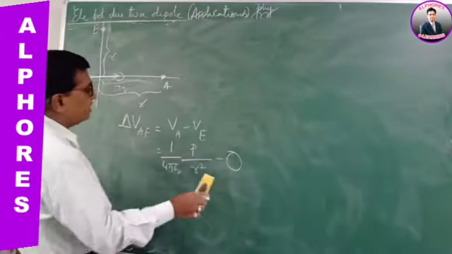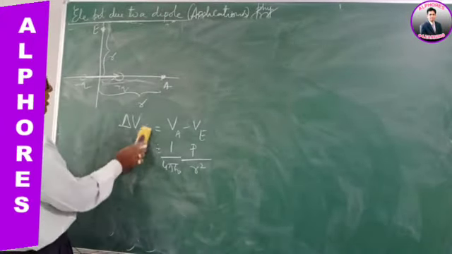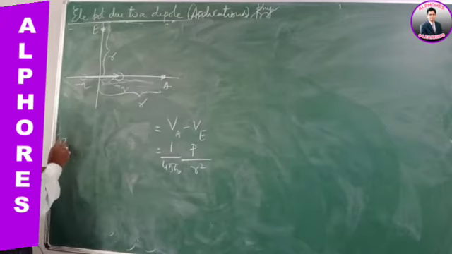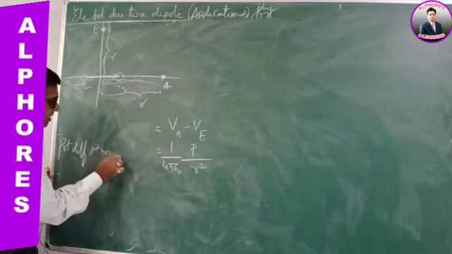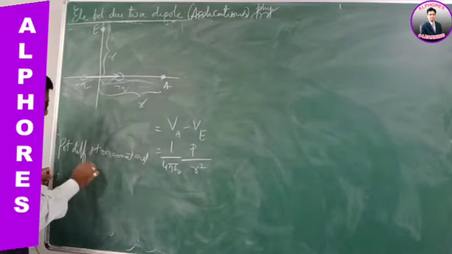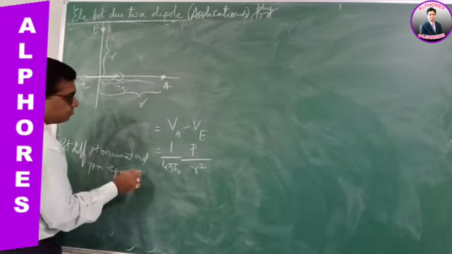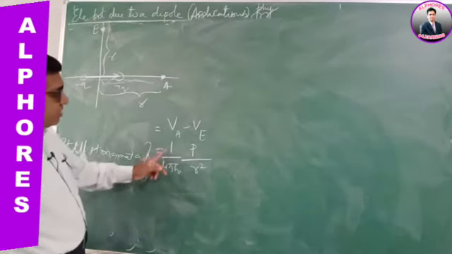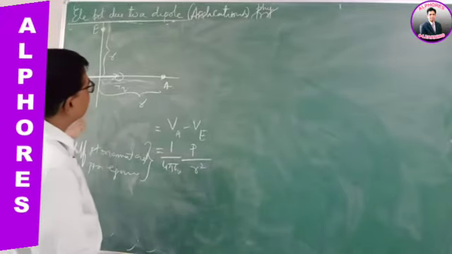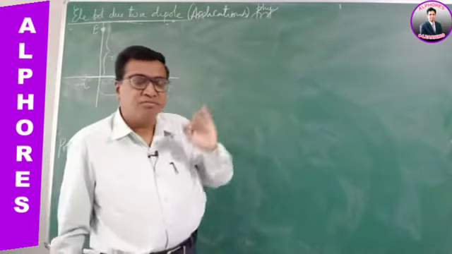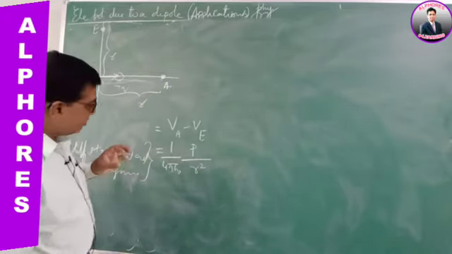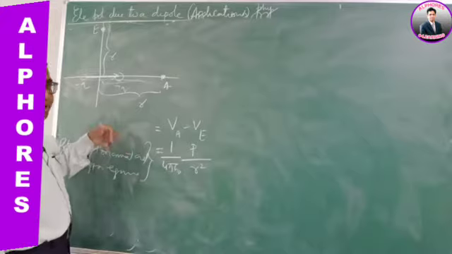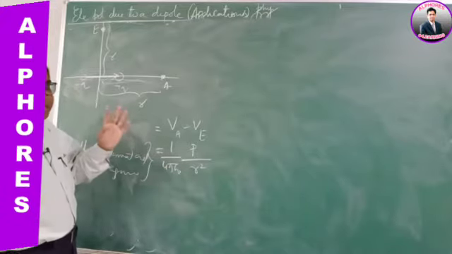So the potential difference between any 2 points, a point on the axial line and a point on the equatorial line, is 1 by 4 pi epsilon naught P by R square, because the potential at any point on the equatorial line is 0. So the potential difference between these two is like this.